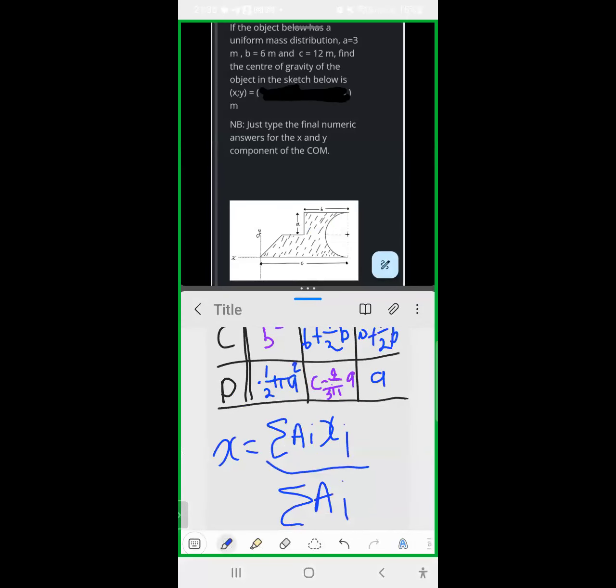Remember, this is negative. It's not that clear, but it's a negative. Negative 1 over 2 pi a squared multiplied by c minus 4 over 3 pi a.